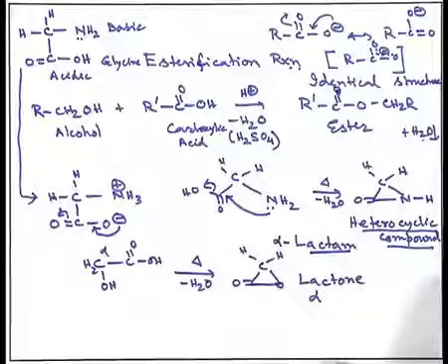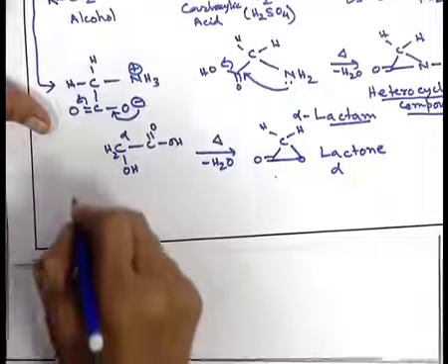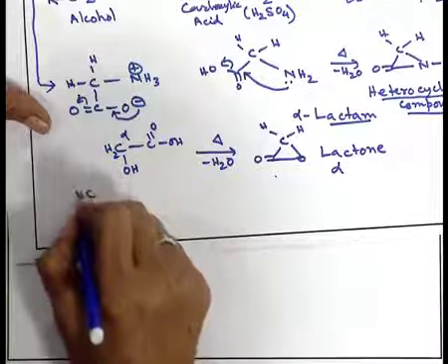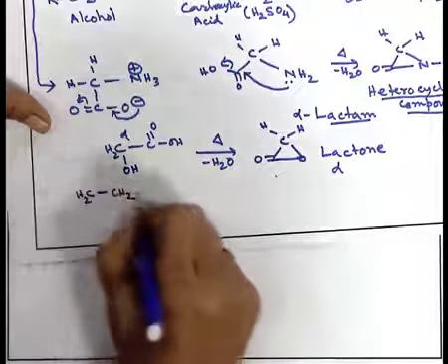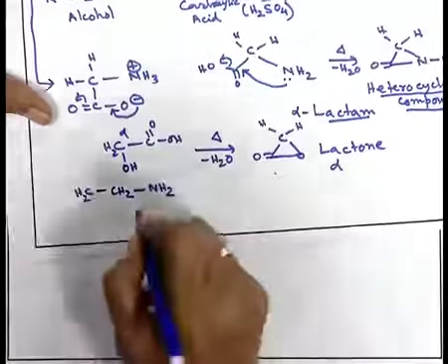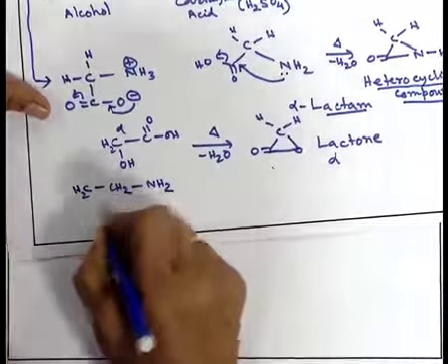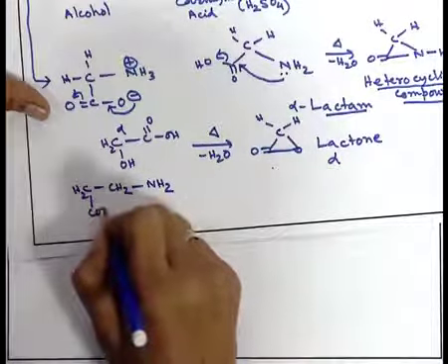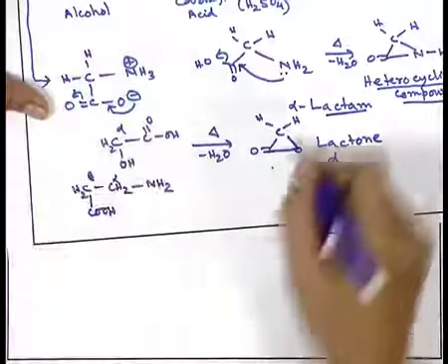So, this is a very interesting cyclic compound obtained from the amino acids. If I take a step forward and write down another thing like CH2, NH2 and I put a carboxylic acid on the beta carbon.